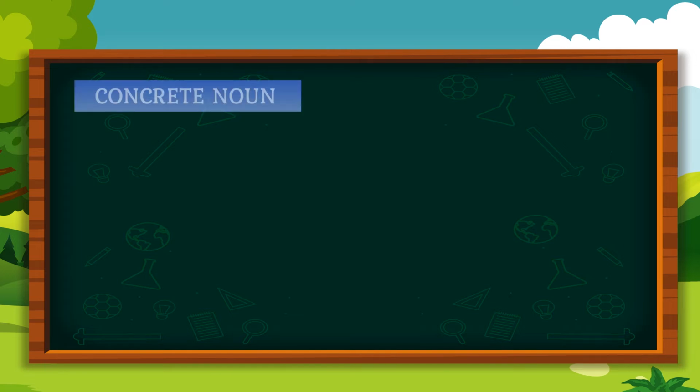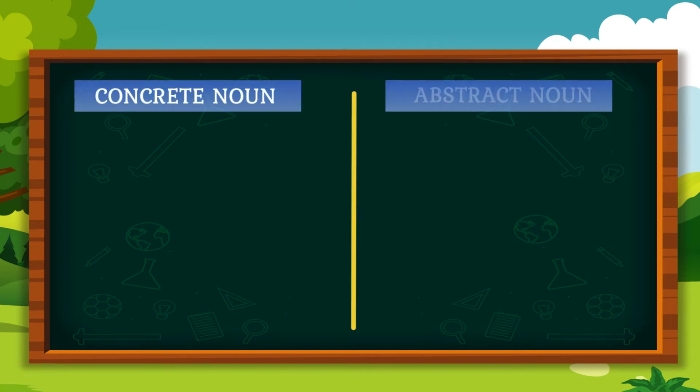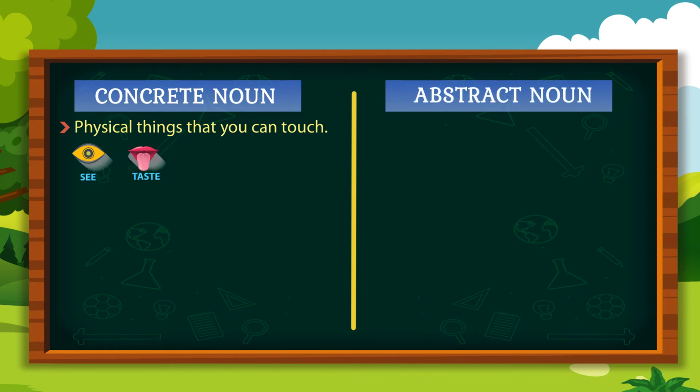Now let's look into each of them in detail. Concrete and abstract noun. Physical things that you can touch. We can see, taste, smell, hear or touch it. It means we can feel it by our five senses.